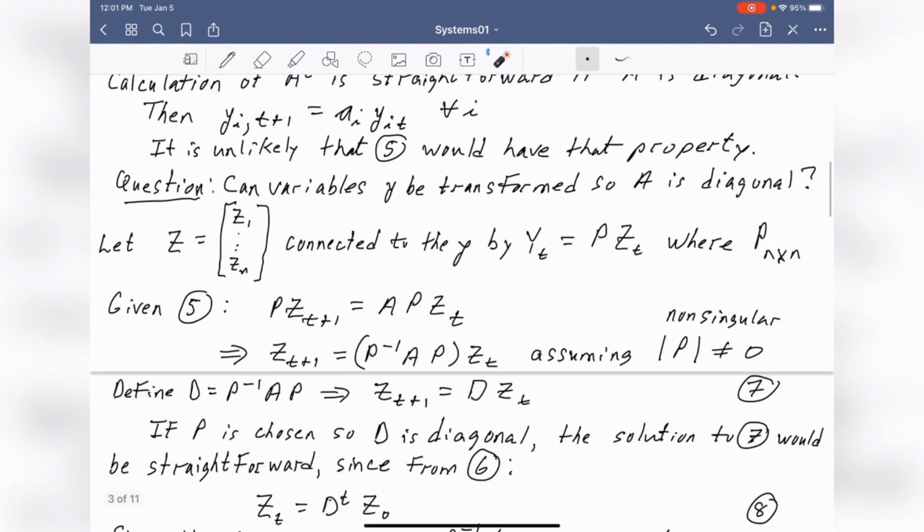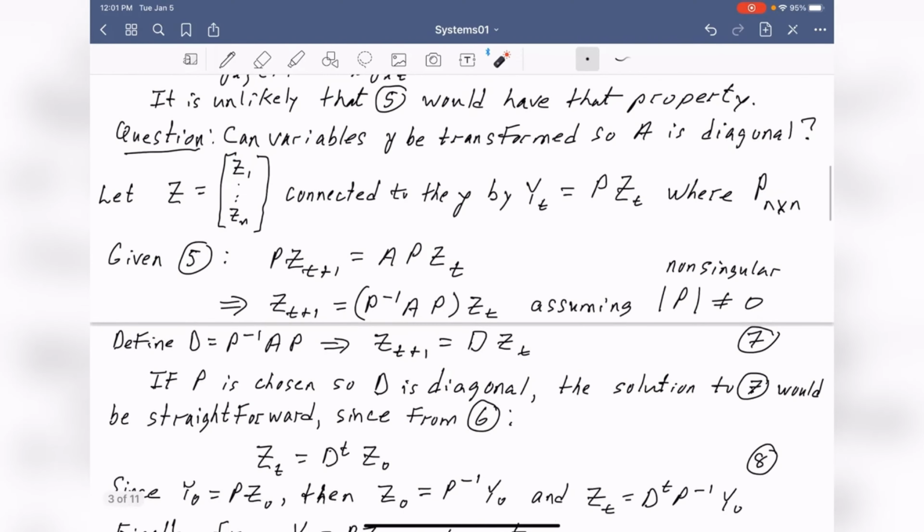So we let Z be a vector of elements Z1 through Zn that's connected to the Y's by the equation Y(t) = P Z(t), where P is an n by n matrix.